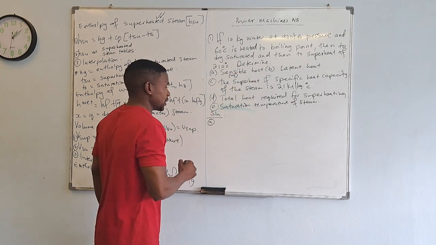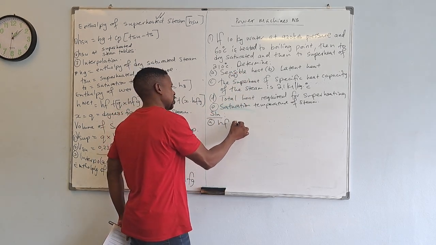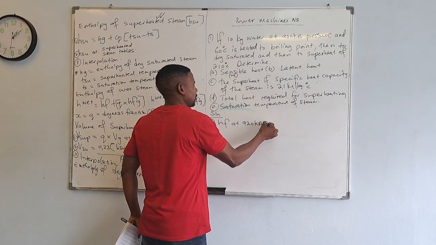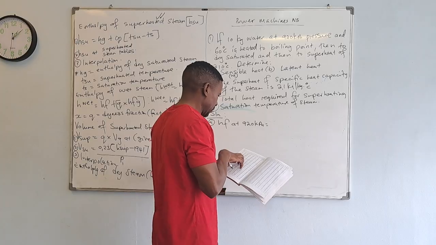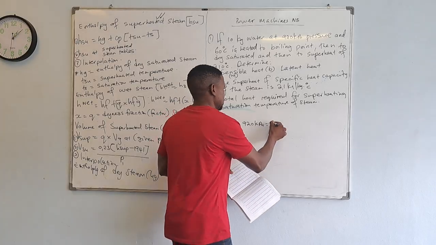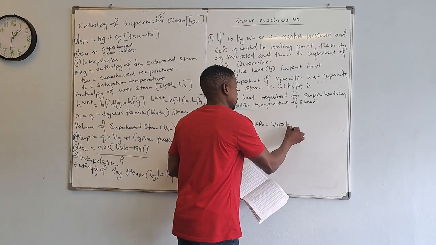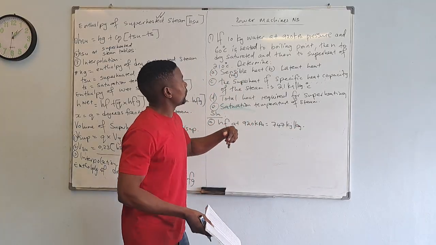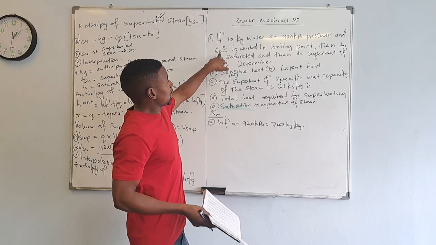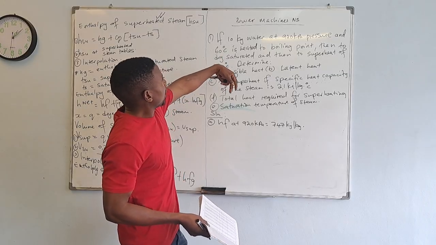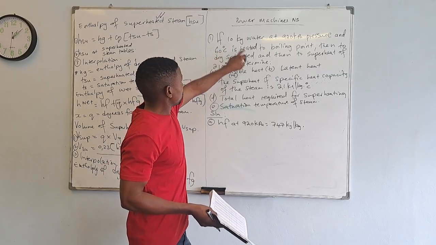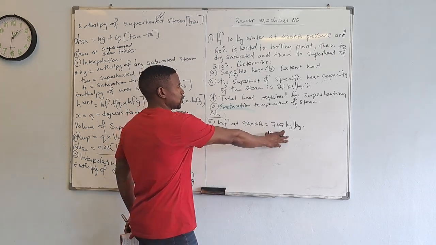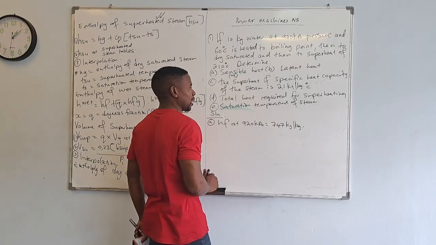That's our sensible heat. So in other words, we are looking for Hf at 920 kilopascal. If I check from the steam table here, I'm getting 747 kilojoules per kg. But don't forget, we are also given the temperature of water, as well as a mass of 10 kgs.